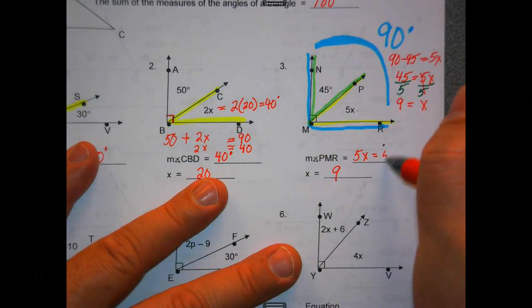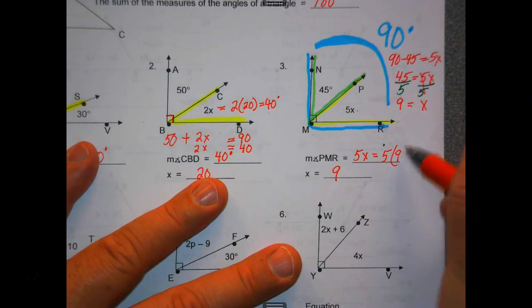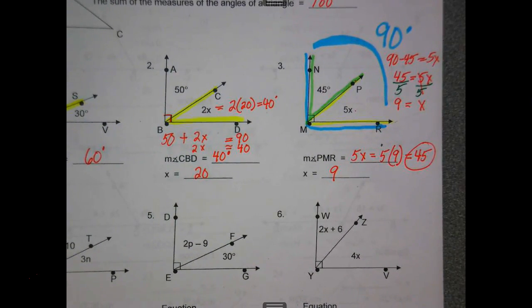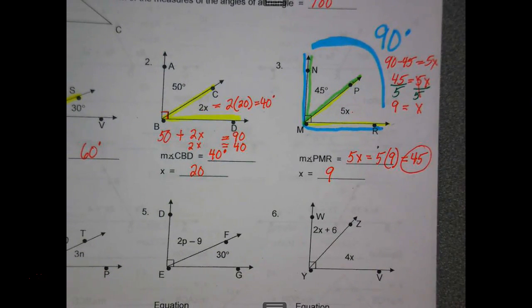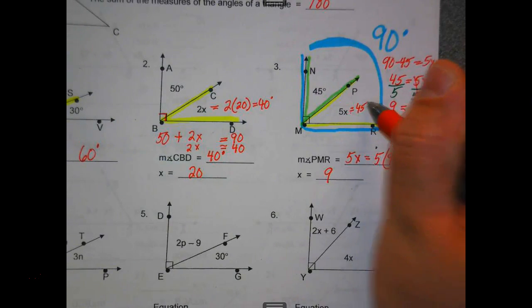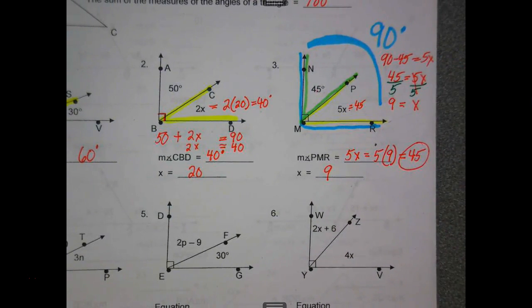We know that x is 9. 5 times 9 is 45. So that's the way you have to do it algebraically, because these are going to get more complicated. You could always just set this to 45 too.